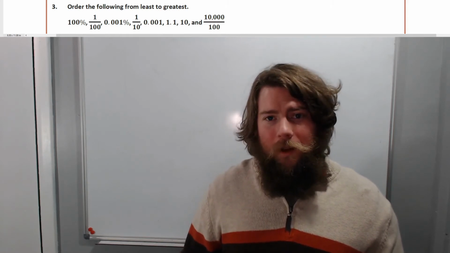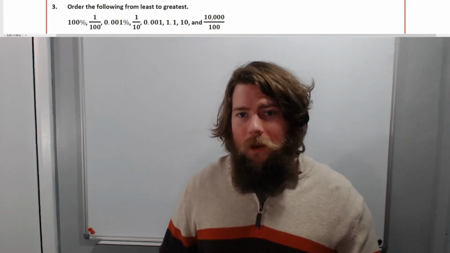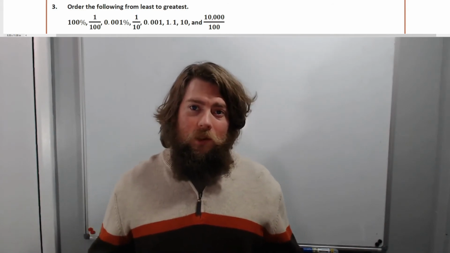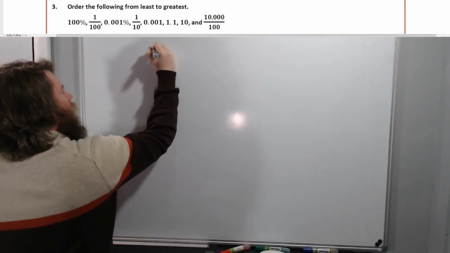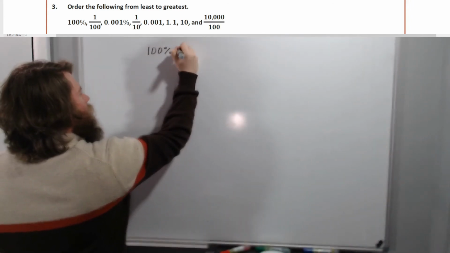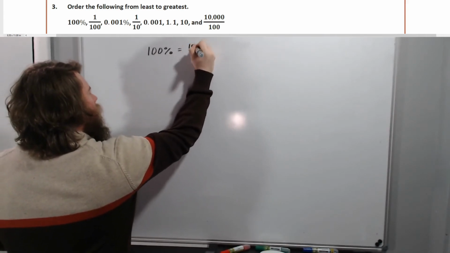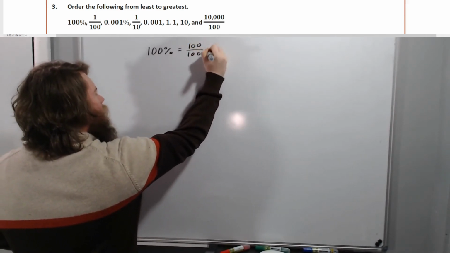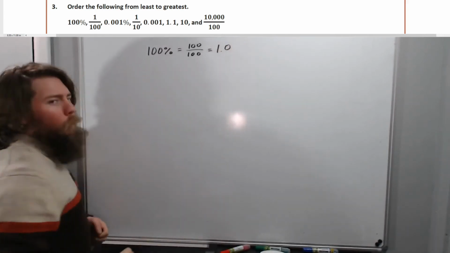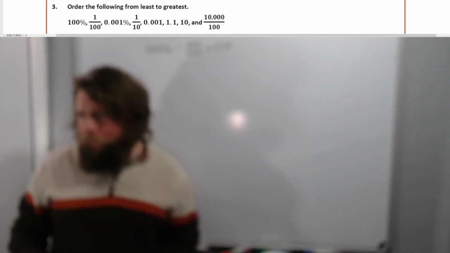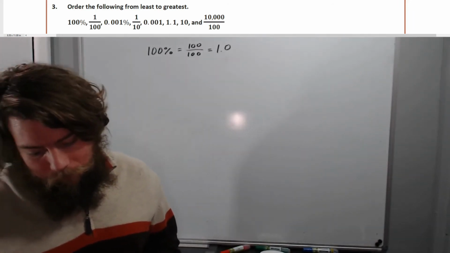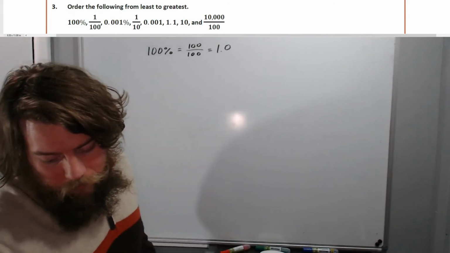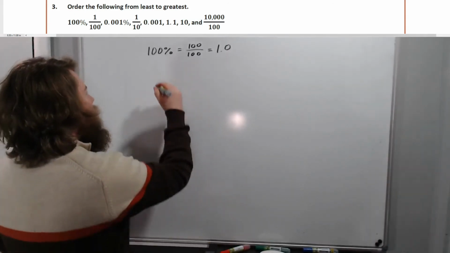This might be a little out of character for me. You guys know that I hate decimals, but we are going to go ahead and convert all of these to decimals. So the first one is 100%. Hopefully that's easy enough for you guys. 100% is just 100 out of 100, and so we just have 1.0. Next, we have 1 over 100.